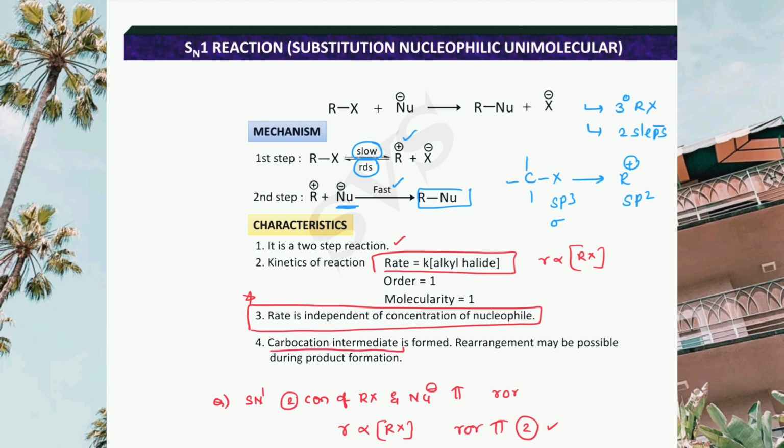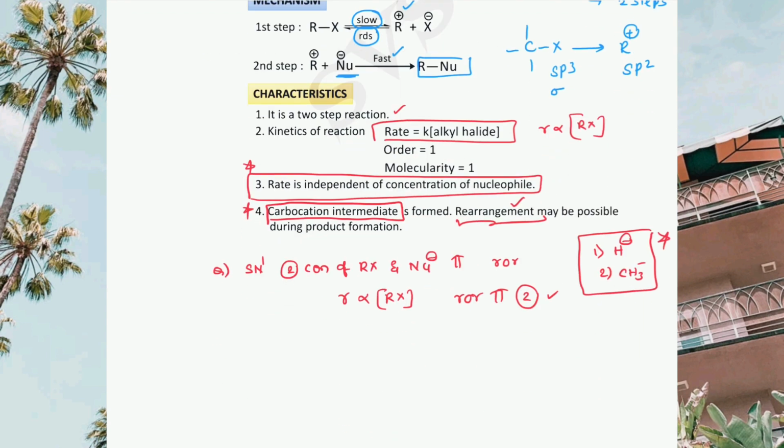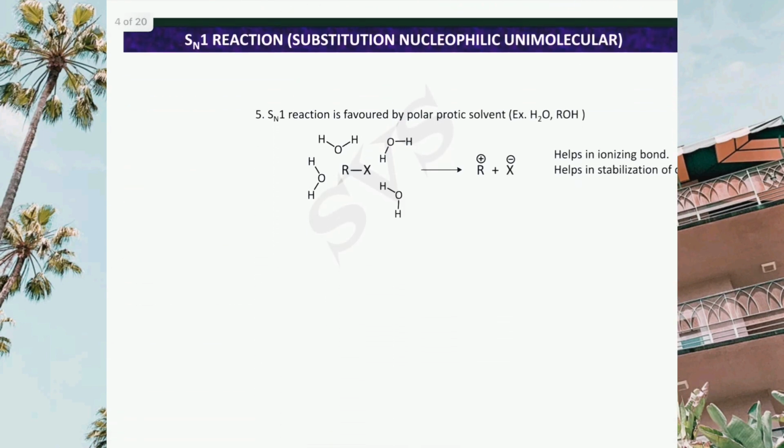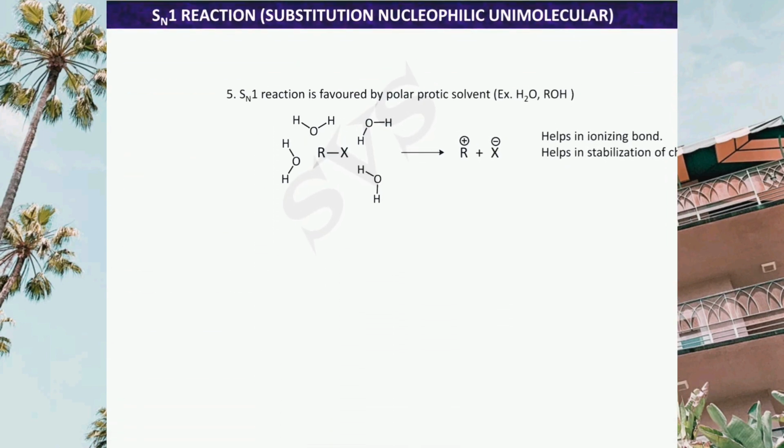Carbocation is intermediate. Concentrate, beta. Carbocation is intermediate. Whenever carbocation is there, rearrangement is possible. Rearrangement may be hydride shift, methyl shift, phenyl shift, etc. So rearrangement is possible. Next, SN1 reaction is favored by polar protic solvents.